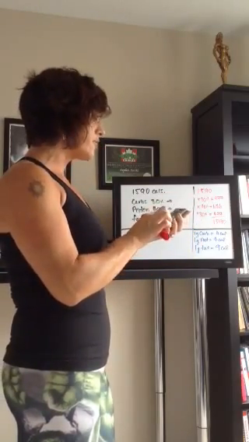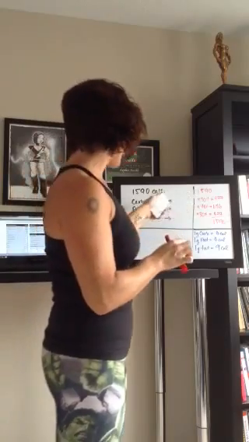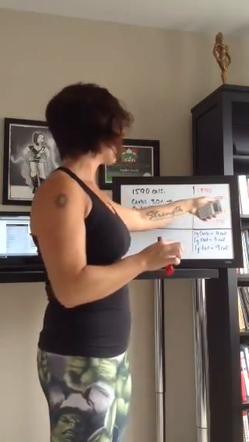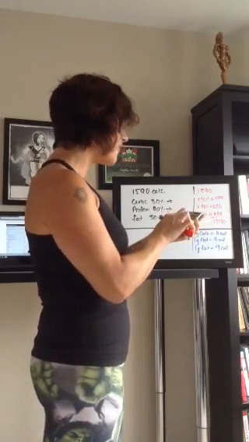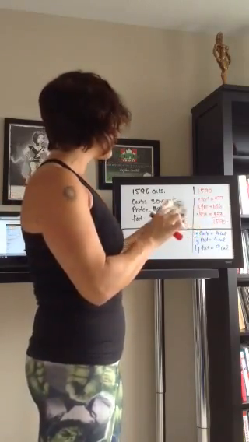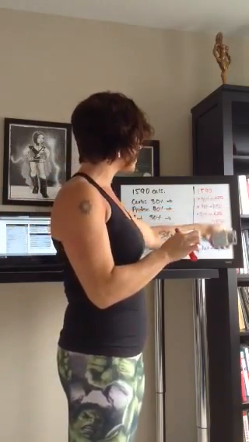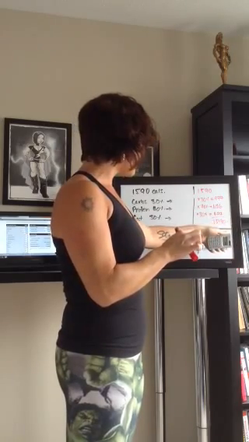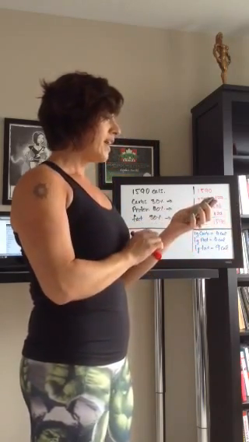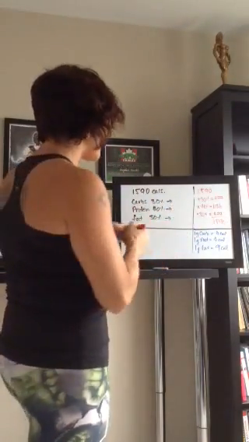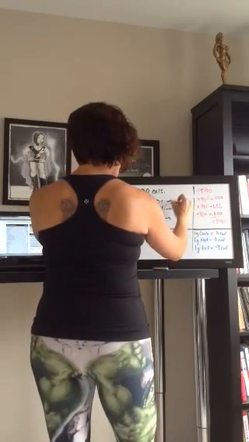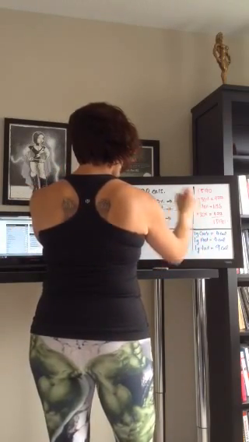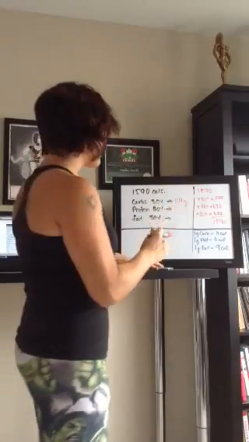We're going to take 477, because that is the carb calories, and divide 477 calories by 4 calories. That gives us 119 and change. That is how many grams. So our carbs are going to be 119 grams.